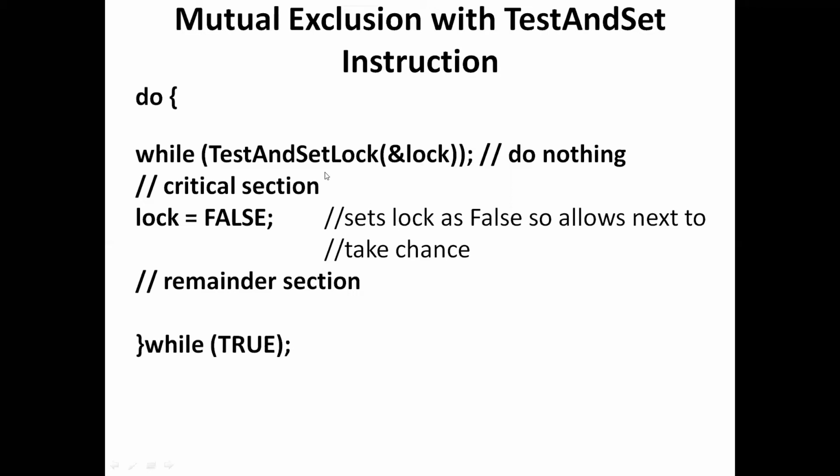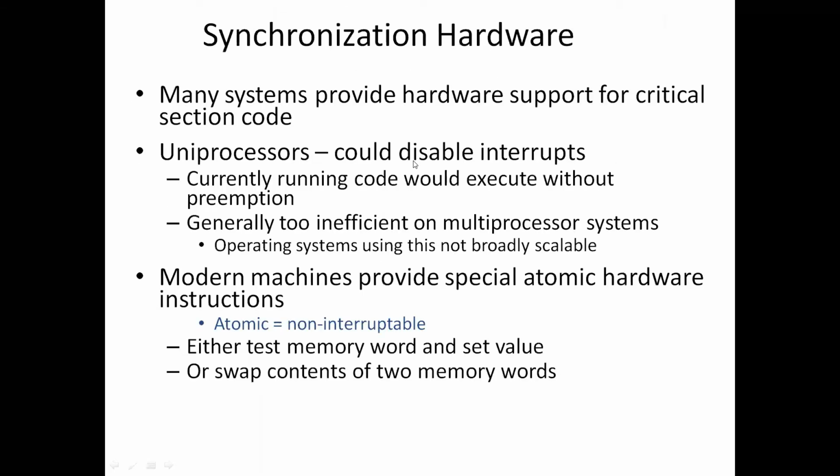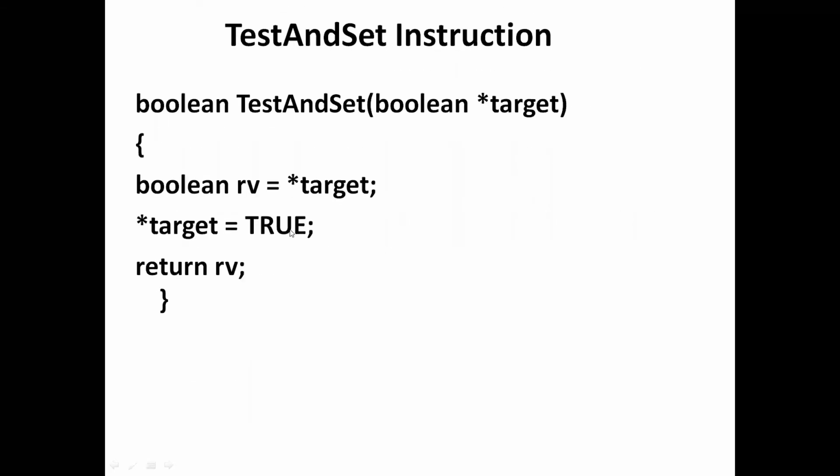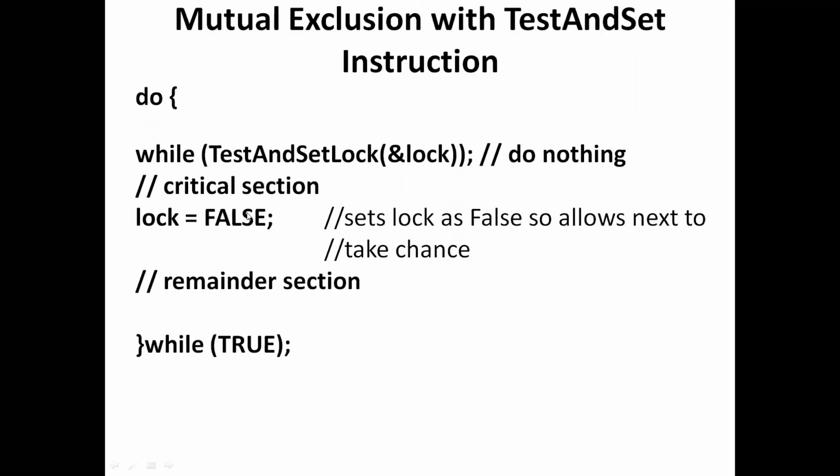After completion, it sets lock to false again. While checking whether any process is inside the critical section, the lock variable's value is modified to true by this statement, where target is set to true. That means some other process is inside the critical section.